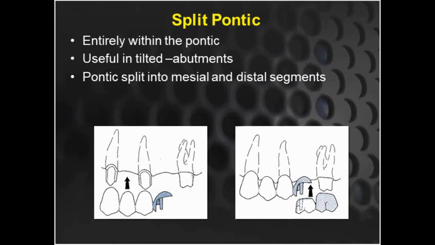So in such cases, you can go for a split Pontic, and here the prosthesis consists of a mesial retainer, the Pontic and the pier abutment retainer with a distal arm. This distal arm is the key, and the keyway will be placed on the Pontic of the distal retainer.